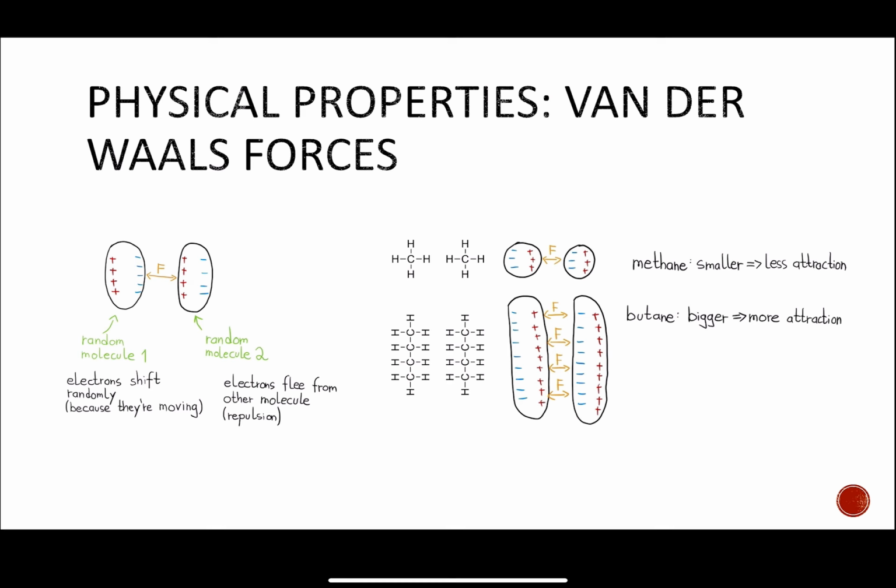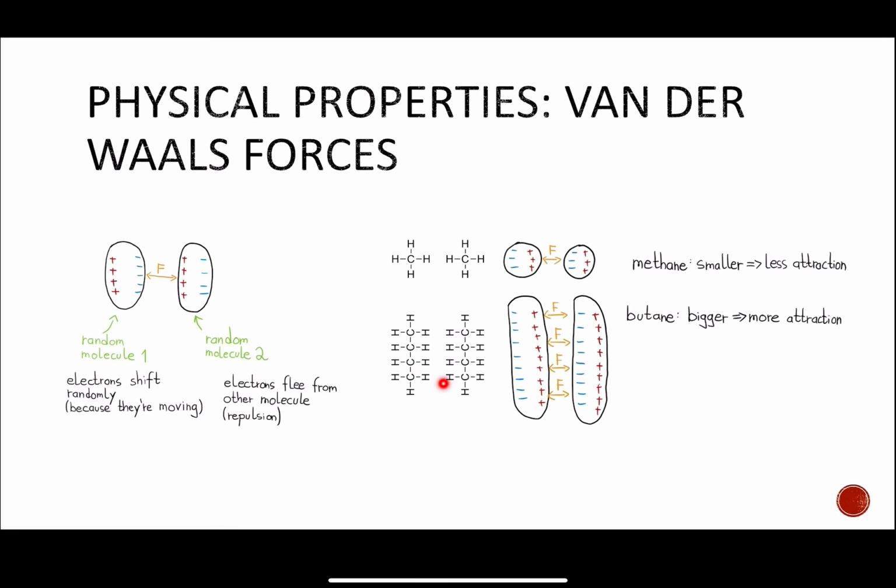Now, how do the van der Waals forces differ within methane and within butane? Methane molecules are smaller than butane molecules. Butane molecules have quite a long carbon chain. We've talked about this earlier.